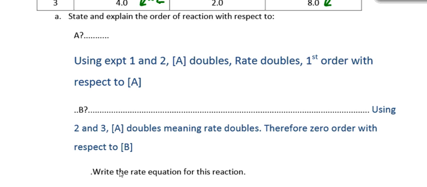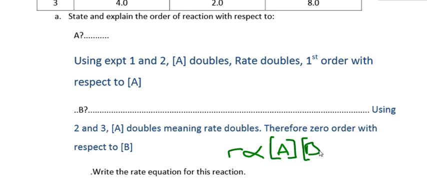Now the question goes on to say, write the rate equation for this reaction. Now for a rate equation, what we're saying is that, from the orders that we've worked out, rate is proportional to the concentration of A in some way, and the concentration of B in some way.